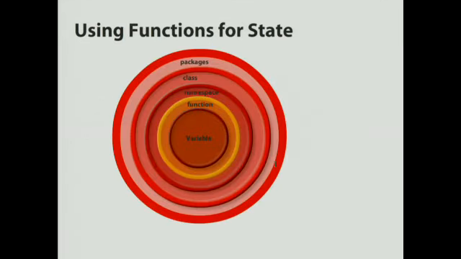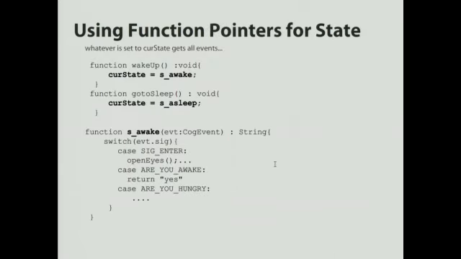Cogs uses functions for managing state. This is smaller than using classes. There's less overhead, and I find it much easier to code. This is a very simple example. This isn't exactly how Cogs works, but we have a variable called curState, which is actually a function variable, and we're passing in a reference to the function below it called s_awake. I preface things with s underscore to indicate they are state functions rather than generic functions.